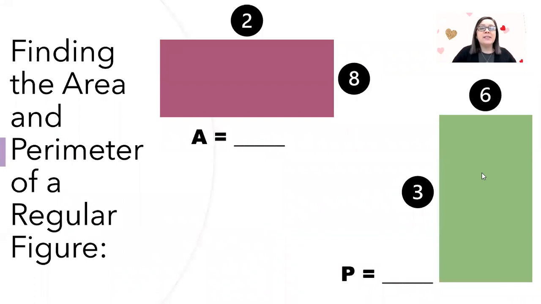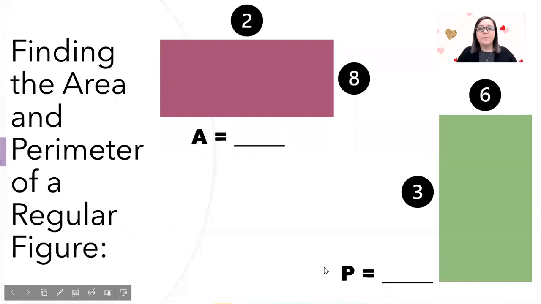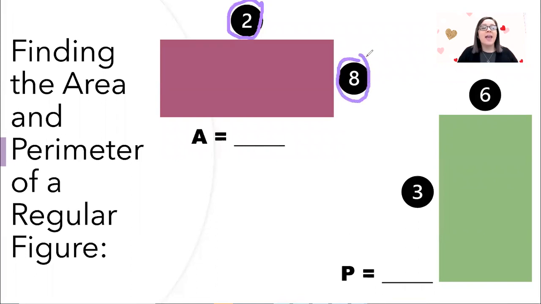All right, so we're going to start simple and practice just finding area and perimeter of two figures. So let's look at this purple figure that we have here. We see that we are given the length of two sides and we need to find the area. So I see that the length is 2 units and the width is 8 units. Remember, we said that our formula for area is length times width.